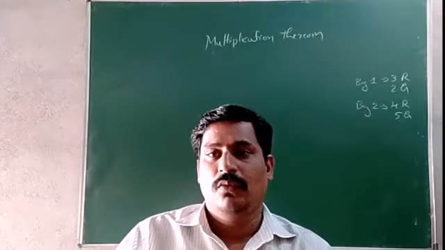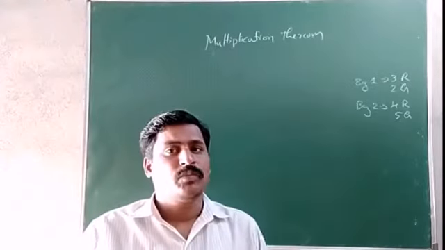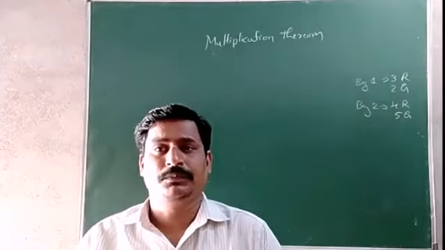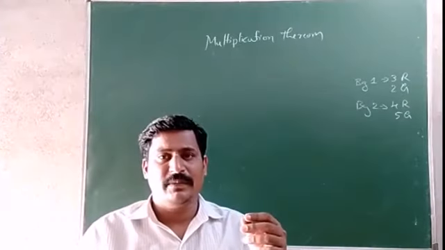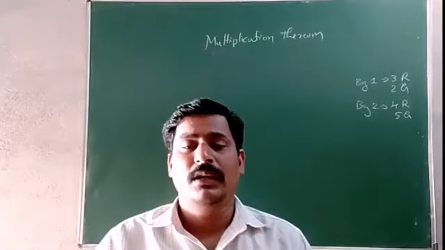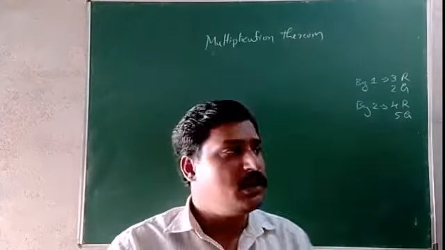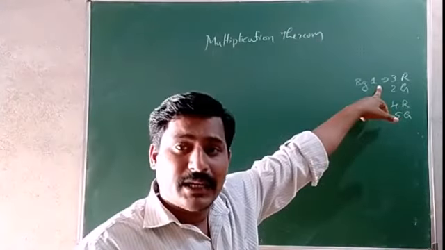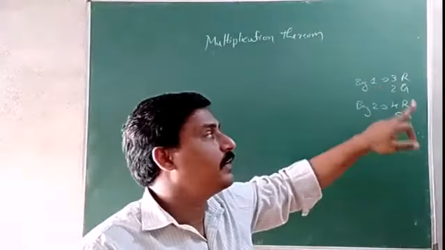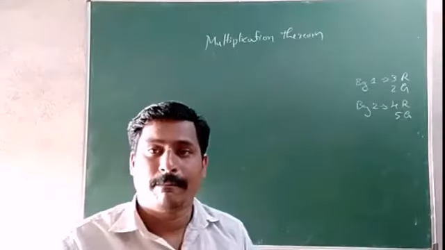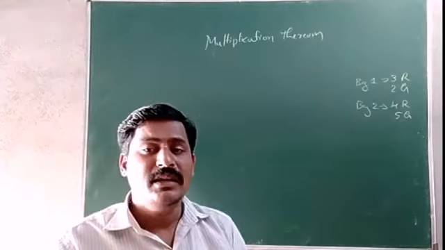Now can you tell me, are they dependent events or independent events? Getting red from the first bag and getting red from the second bag. So here both are independent events, because when we pick a ball from the first bag, the result of getting a red ball from the first bag doesn't affect the result of getting a red ball from the second bag. So both are independent events.